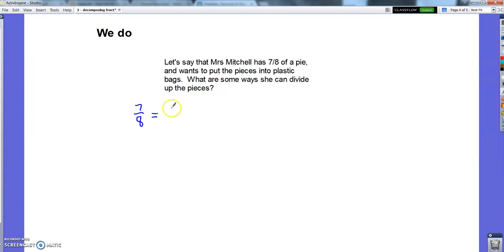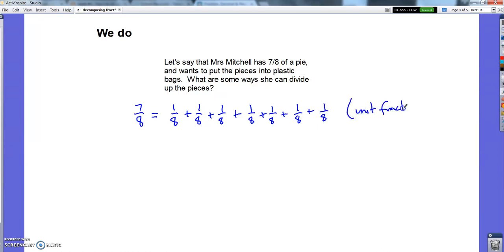So one way she could do it would be to put each piece in its own bag. 1/8 plus 1/8, 3, 4, 5, 6, 7. This is unit fractions. That's what we did yesterday. But lots of other ways she could do it. Maybe she wants to put 2 pieces in each bag. So she could do 2/8 plus 2/8 plus 2/8.